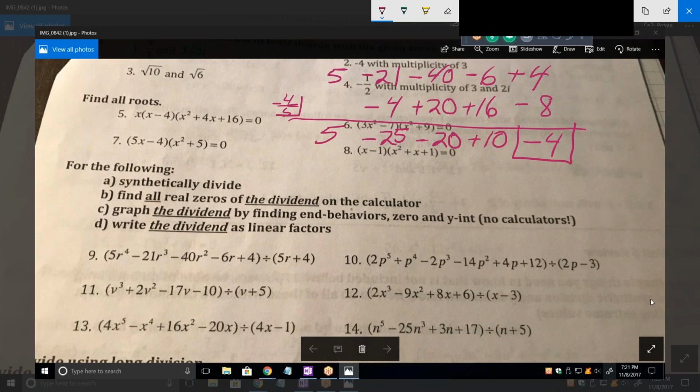So we synthetically divided it. We want to find all the real zeros of the dividend on the calculator. Well, that means I'm going to put that into the calculator and find the real zeros. Now, I can do that on Wolfram Alpha.